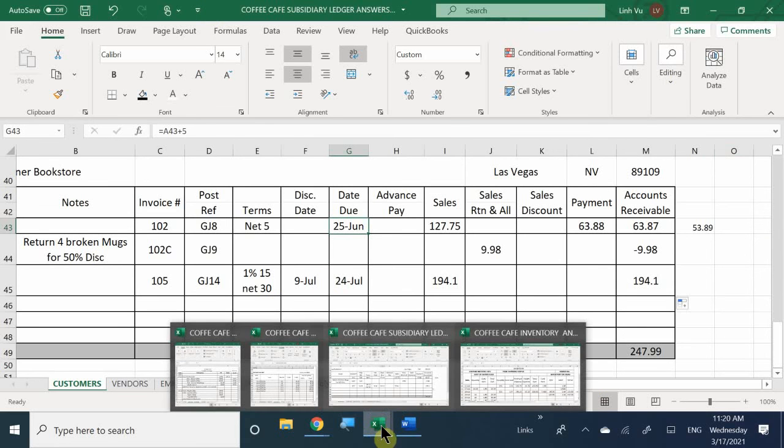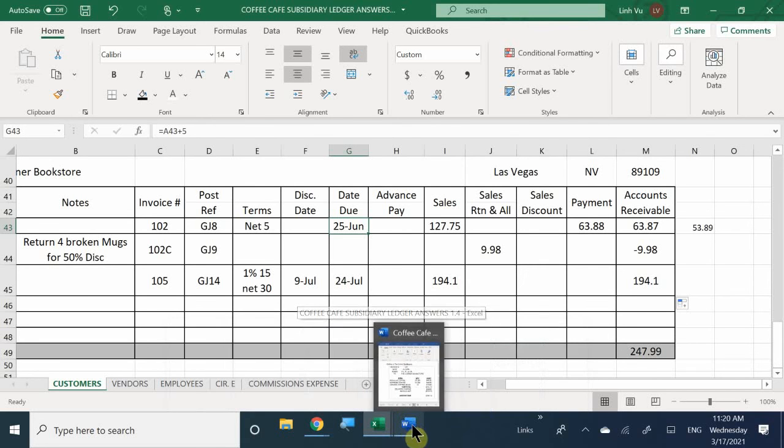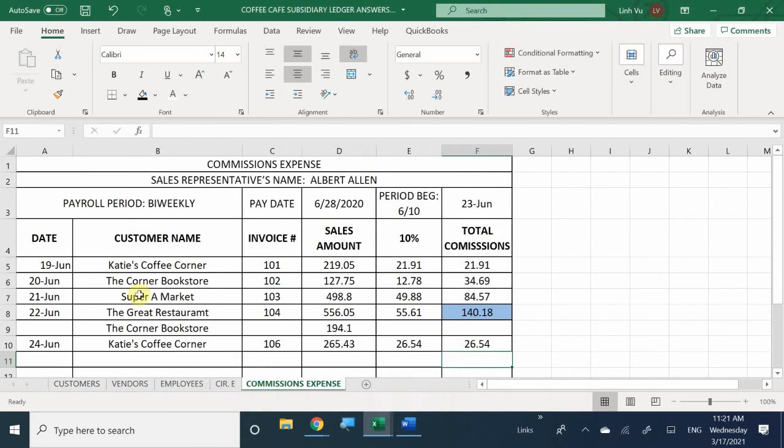Last but not least, what do we need to also put here? Commissions, good. So here we delivered on the 24th, and this was invoice 105. So what is 10% of 194.10? 19.41.